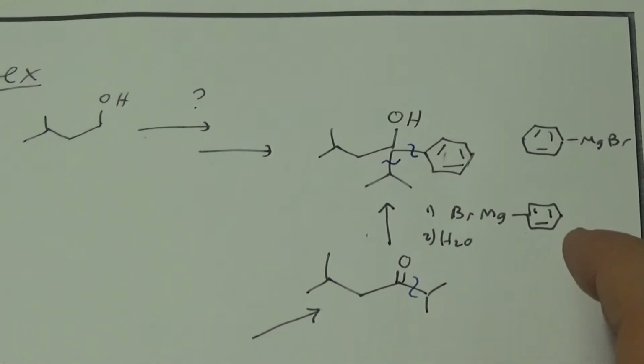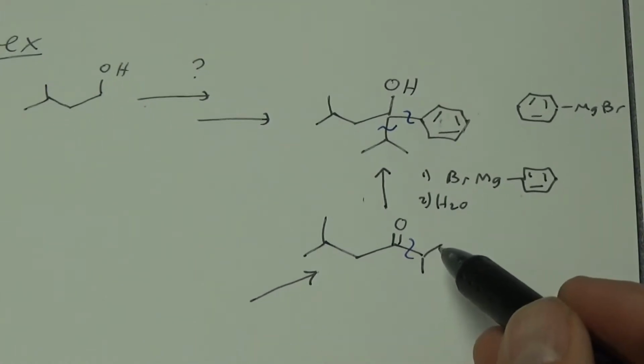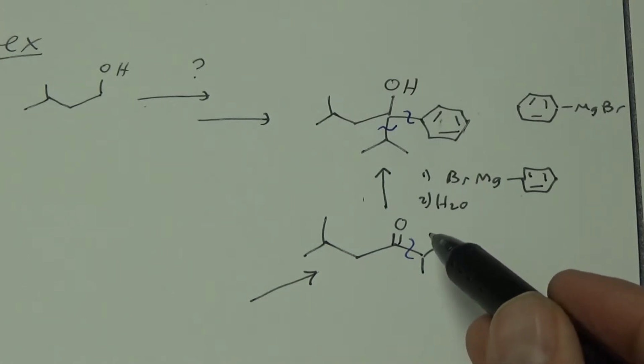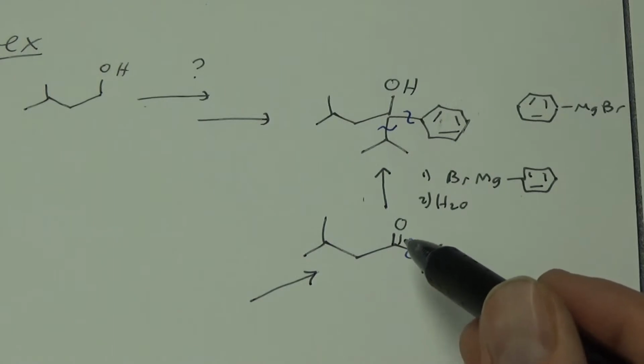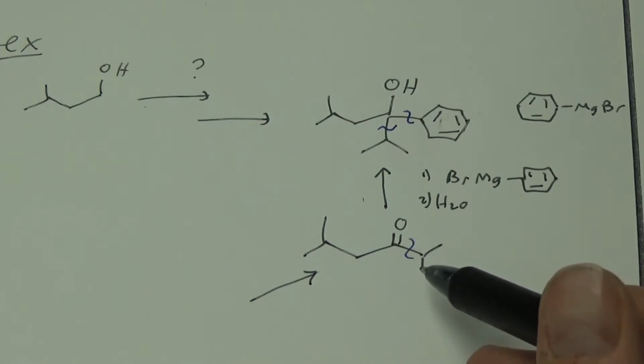The next step going backwards cannot be the installation of the isopropyl group, because that reaction creates an alcohol, not a ketone, right? So the trick here is what? We had the same trick, I think it was the last problem.